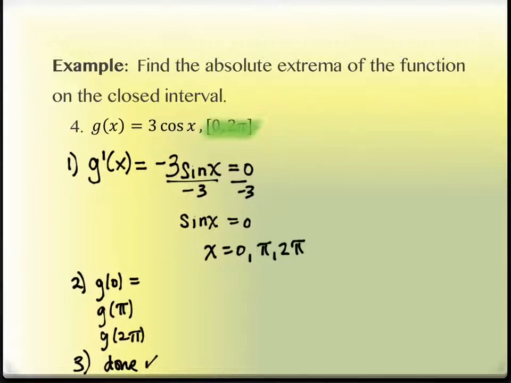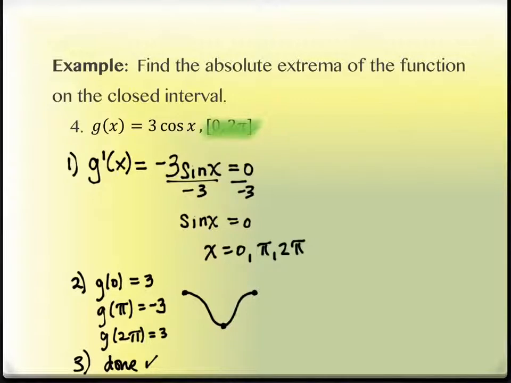So what happens when I plug in 0? I get 3. What about when I plug in pi? It's -3. And 2 pi? It's 3 again. And as we've talked about, that makes sense, right? It repeats itself. So I have the minimum, and I have 2 maximums in this case because of where the endpoints fell.